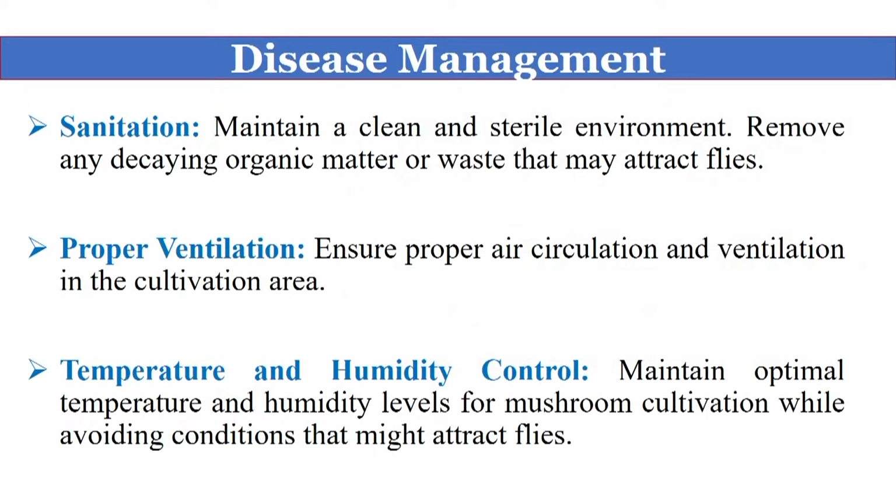Now about the management of the insect pest. First of all, sanitation. Maintaining a clean and sterile environment is very important, to remove any decaying organic matter or waste around the growing area.